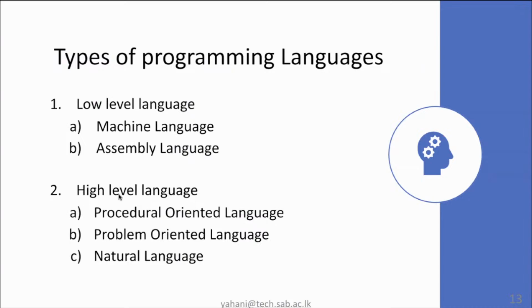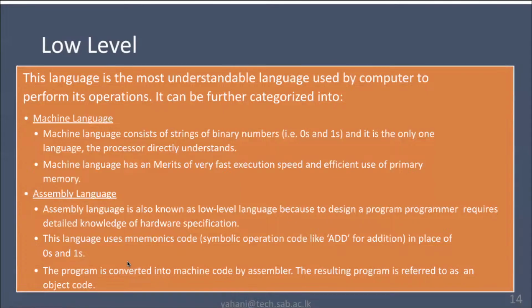Then we have high level language. In high level language, we have three categories: procedural oriented language, problem oriented language, and natural language. Now let's see what the low level languages are.